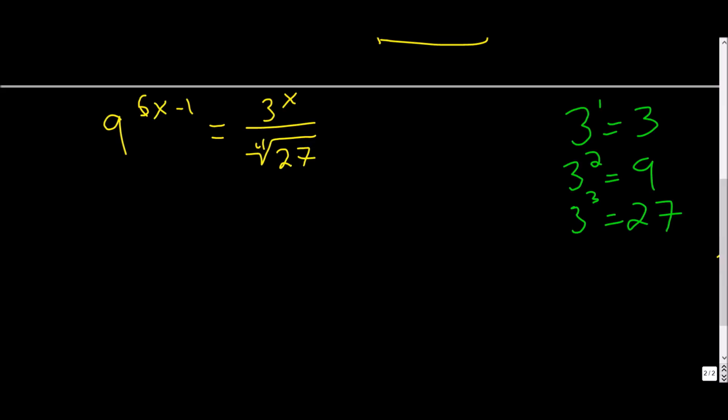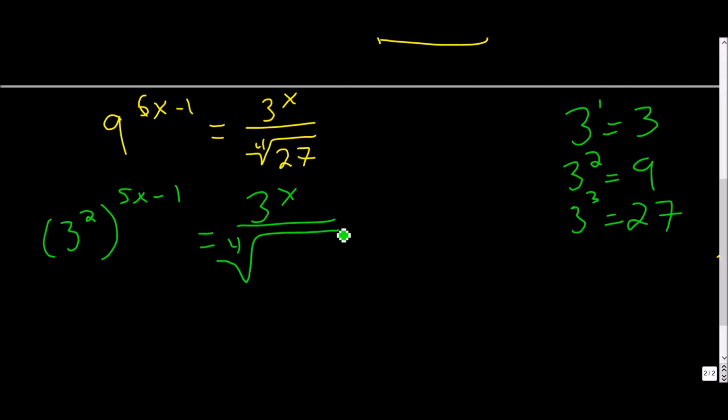So what I'm going to do here is turn 9 into 3 squared. Now notice that's still to the 5x minus 1. We'll deal with that shortly. 3 to the x is fine. And we're going to convert the fourth root of 27 to the fourth root of 3 cubed.